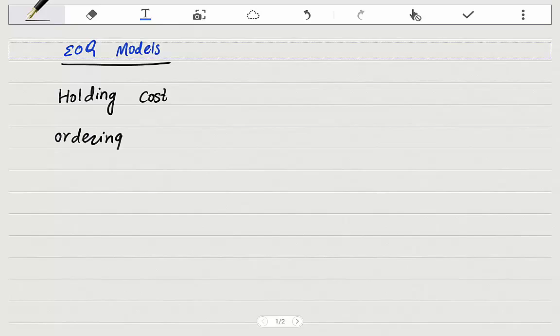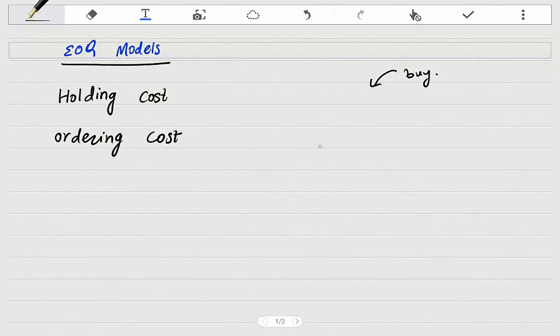So what are these things? Let's go back to the same model of you being in the business of selling beer. Again, the two extreme examples. If you bought all the beer you're going to sell throughout the year, what is the biggest cost going to be? You buy it at one time, and then you have to hold it.